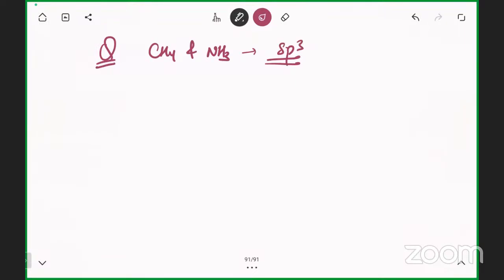But in the case of CH4 the bond angle is 109 degrees 28 minutes, while in the case of NH3 the bond angle is 107 degrees. What is the reason? Lone pair, sir. Lone pair repulsion.